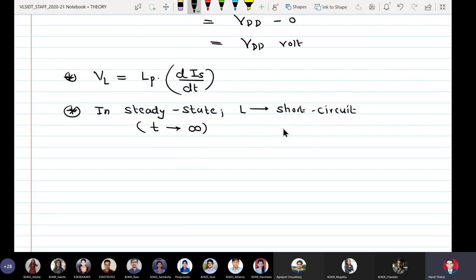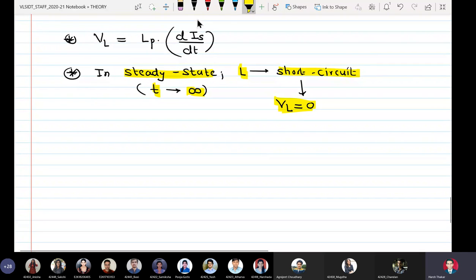L acts as short circuit, because of which VL is actually 0. Okay, in steady state, that is t tends to infinity, L is acting as short circuit, so VL is equal to 0. So I can say this is static operation.